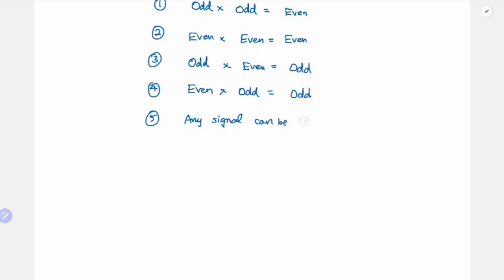And in general, any signal can be decomposed into its odd and even counterparts.